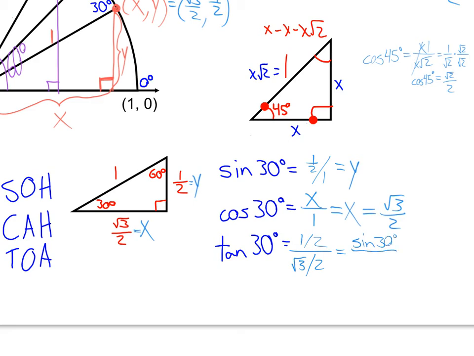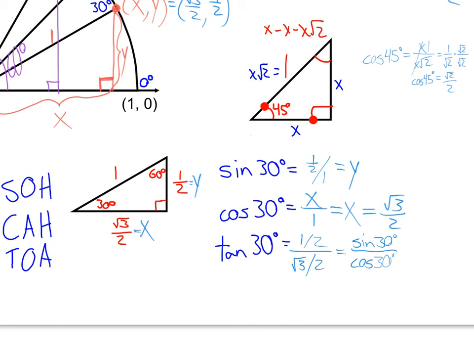And root 3 over 2 is cosine of 30. So we can not only use the unit circle to help us know what sine and cosine are, if we divide the sine by the cosine, that tells us what tangent is too.